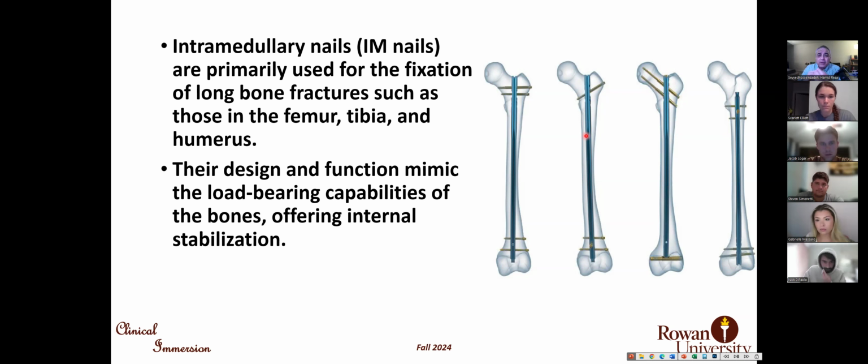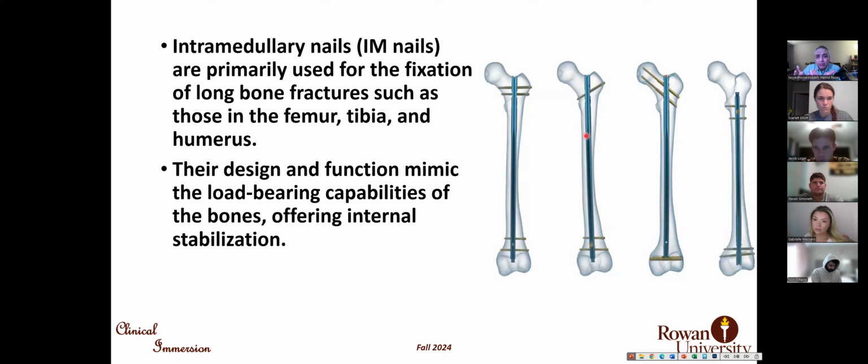We use intramedullary fixation for other bones. For example, in vertebra, when we put a screw, we put it intramedullary. Or in pelvis, we use some screws. I have an animation that I prepared myself for you. I will show you during the course one day about the pelvic fixation, how we fix the pelvic fractures.